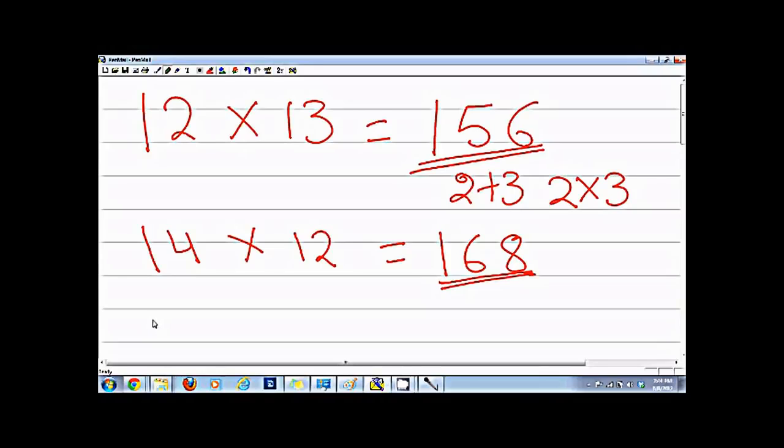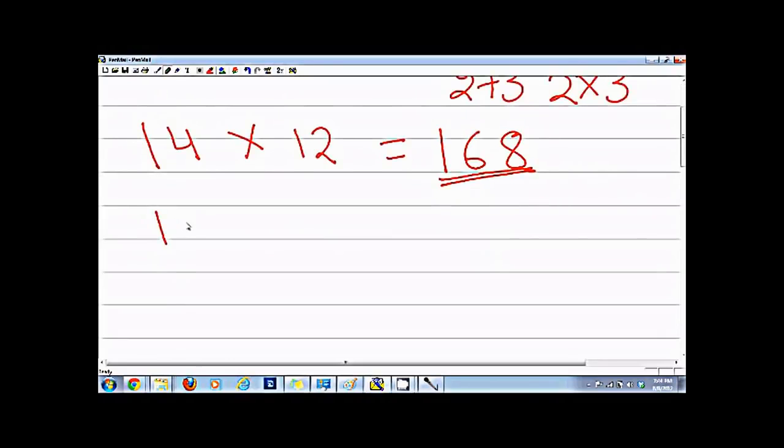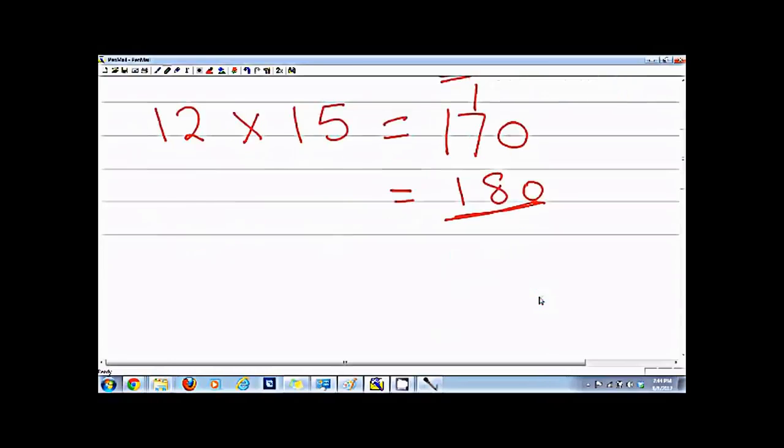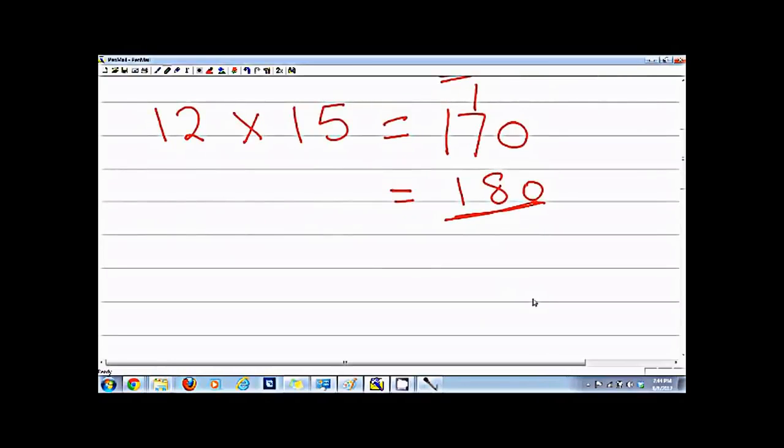For example, if I have 12 and I want to multiply by 15, I will write 1, and then I say 5 plus 2 is 7, but 5 into 2 is 10, so I will write 0 here and take 1 as a carry, so the answer will be 180. This is a little trick that you need to remember for doing this kind of multiplication.